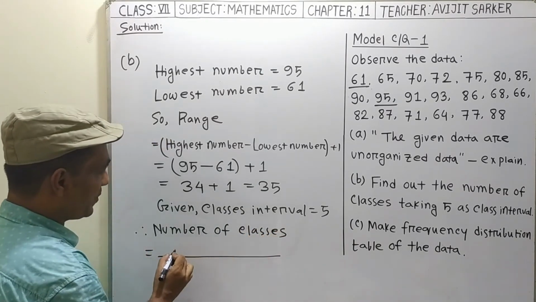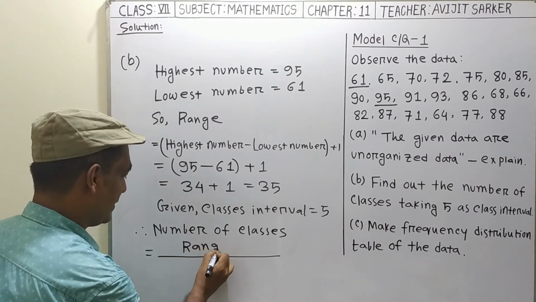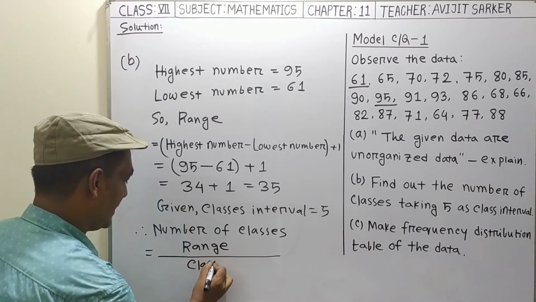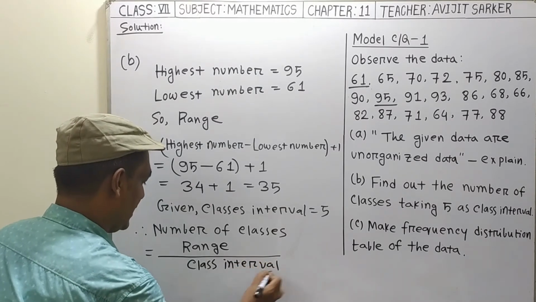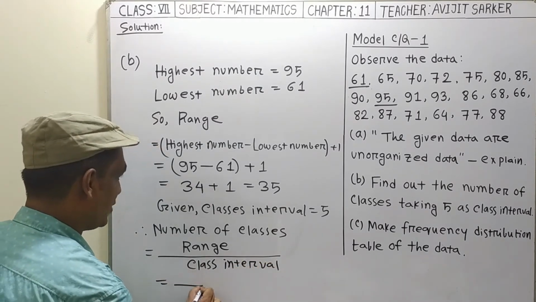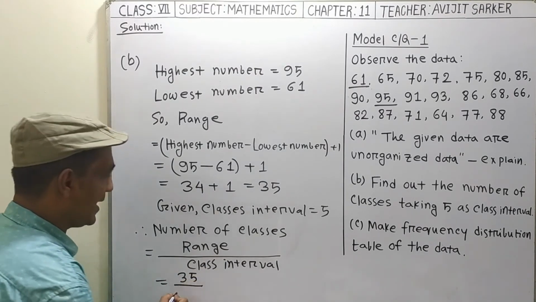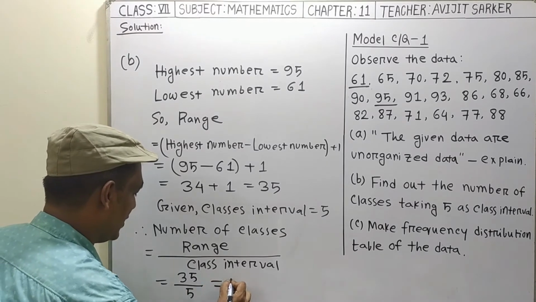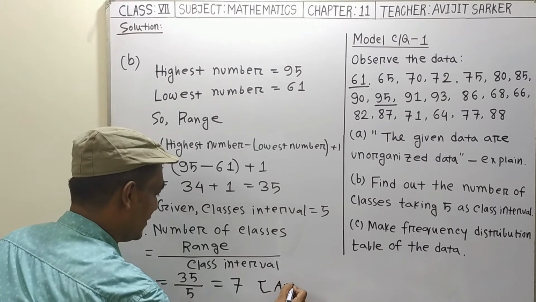The formula is number of classes equals range divided by class interval. Range is 35, so 35 divided by class interval 5 equals 7. This is the number of classes. It is the answer.